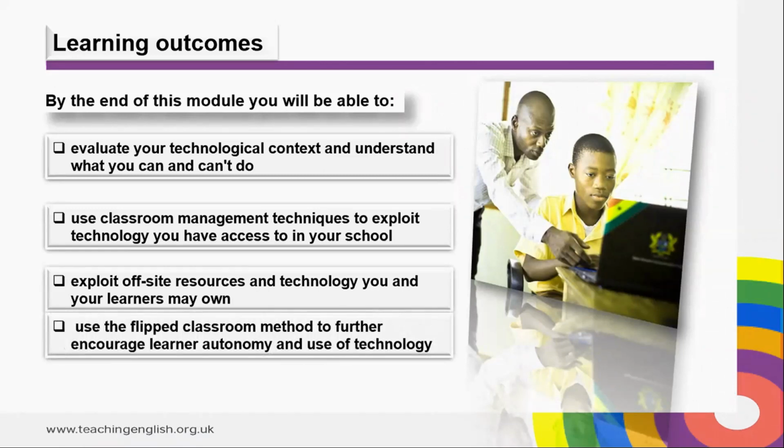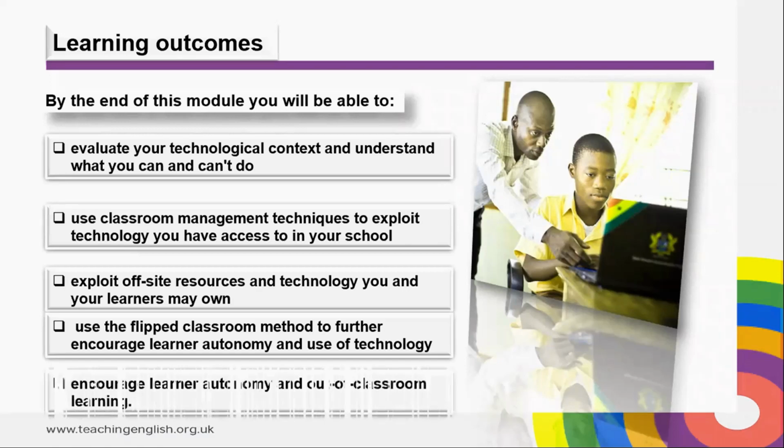To exploit off-site resources and technology you and your learners may own. Use the flipped classroom method to further encourage learner autonomy and use of technology. Encourage learner autonomy and out of classroom learning.